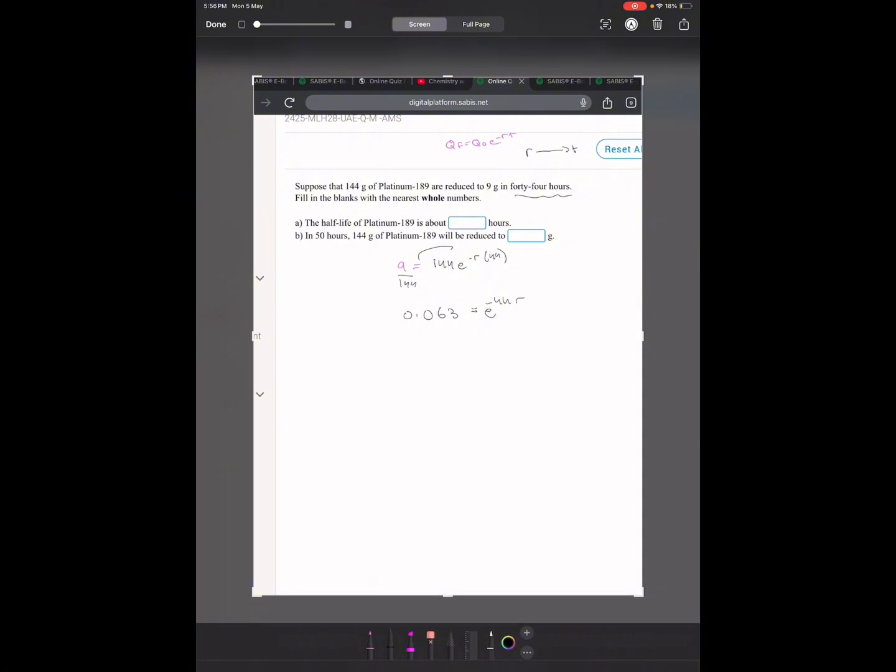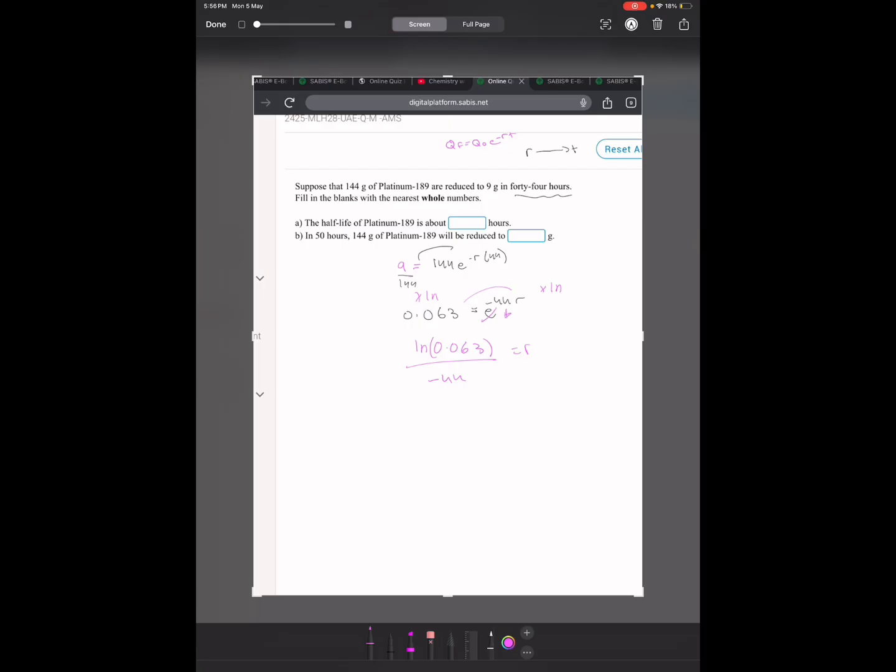Okay, we need to take down the power and cross out e, so we multiply by ln on both sides. It's going to be ln 0.063, moves the other side over negative 44.